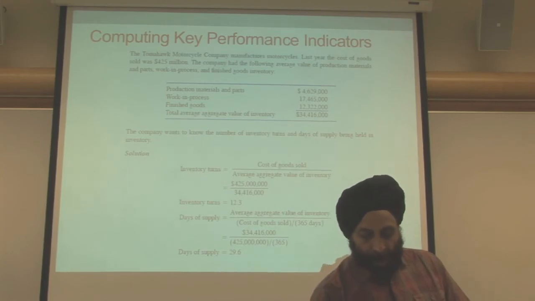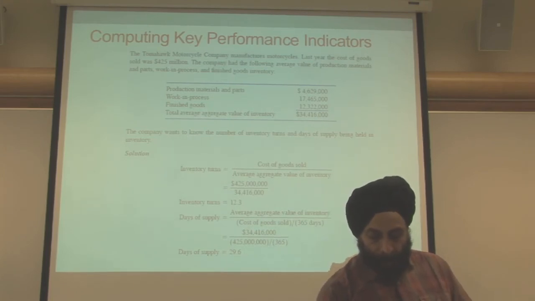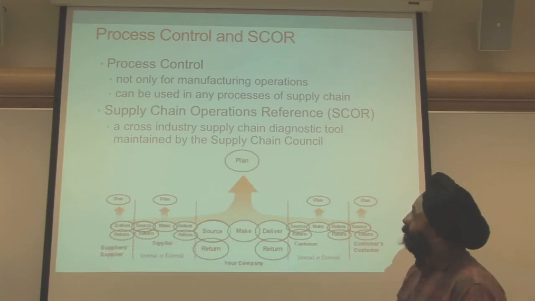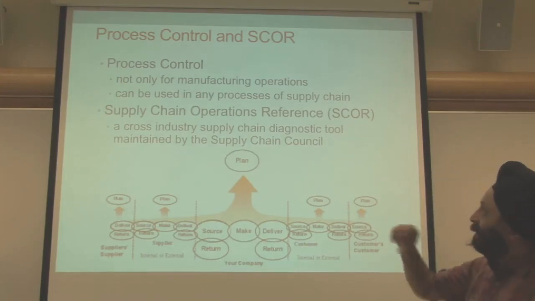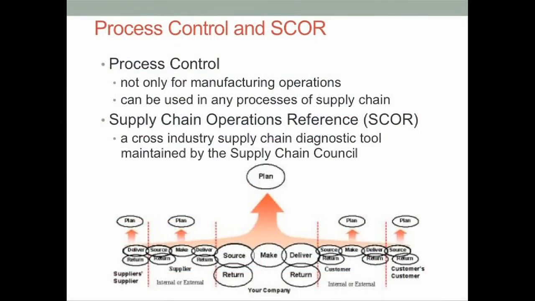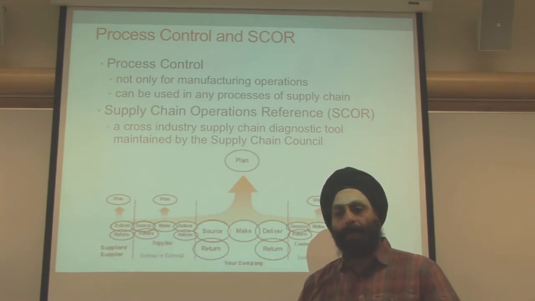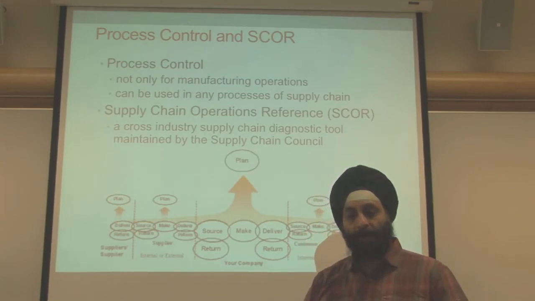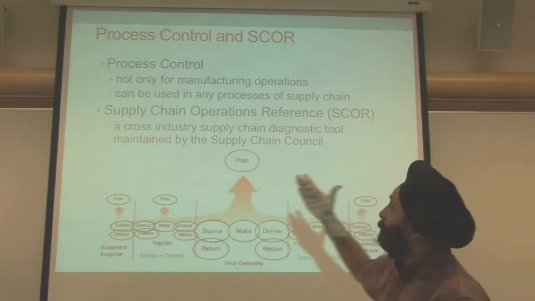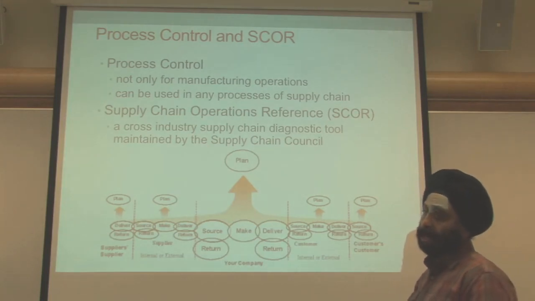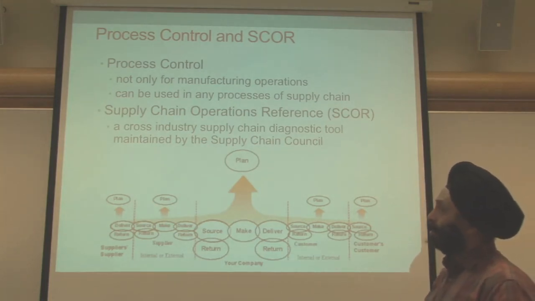Now, in terms of process control and supply chain operations reference, process control is not only for manufacturing operations, it can be used for any process of the supply chain. So the process control concept that we talked about in the chapter on processes can now be used in any aspect of supply chain entities throughout your supply chain.